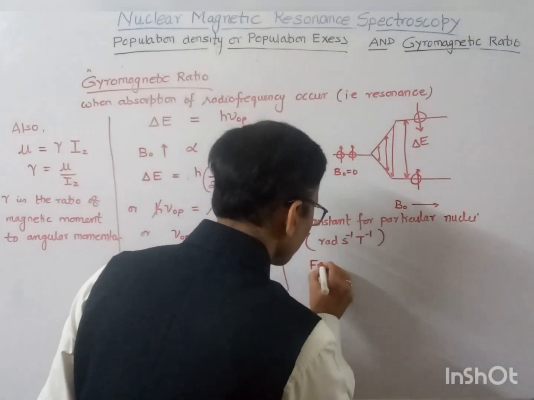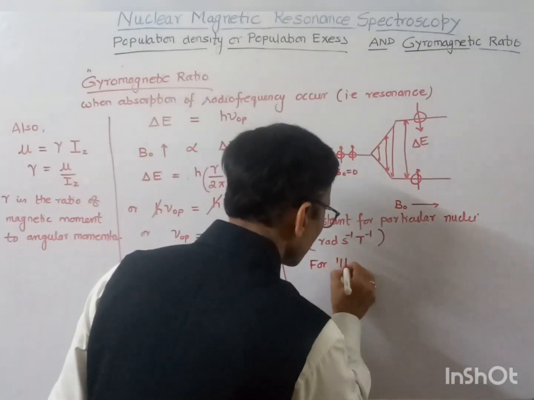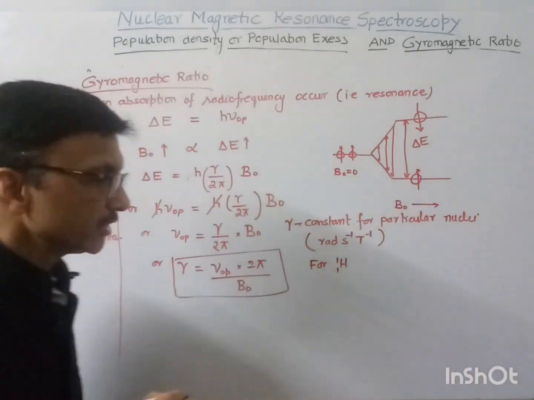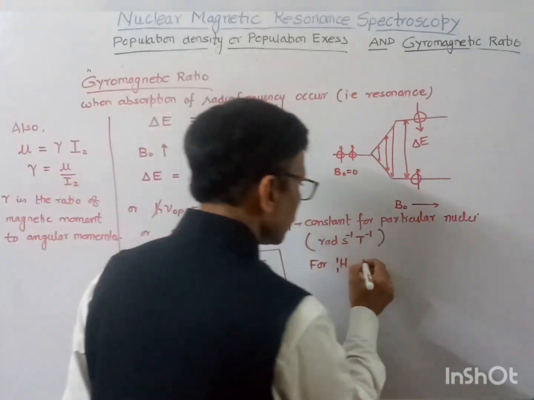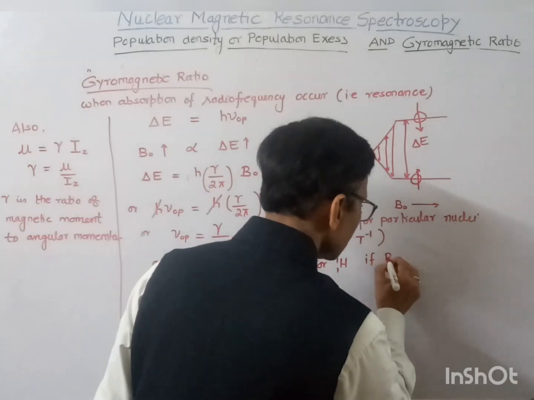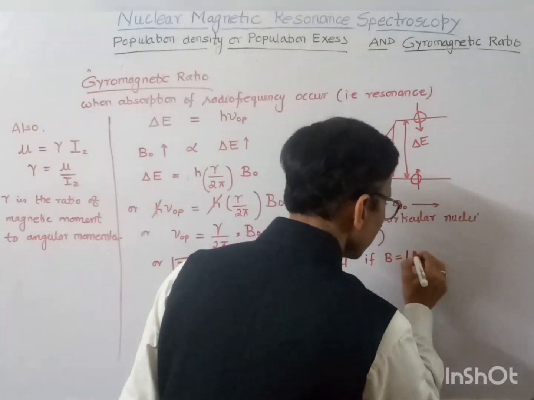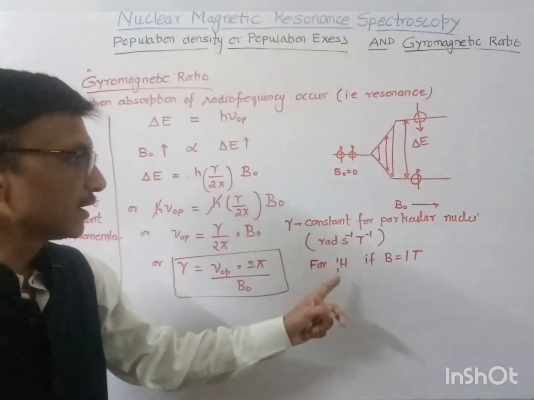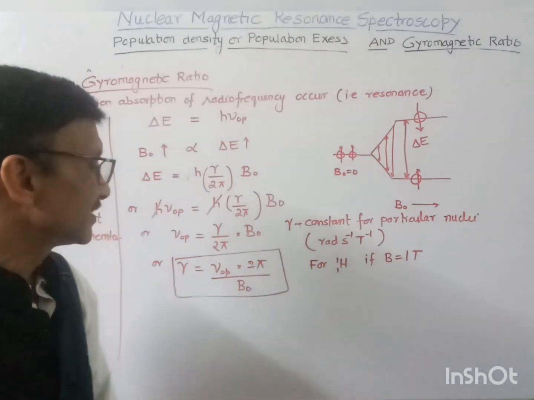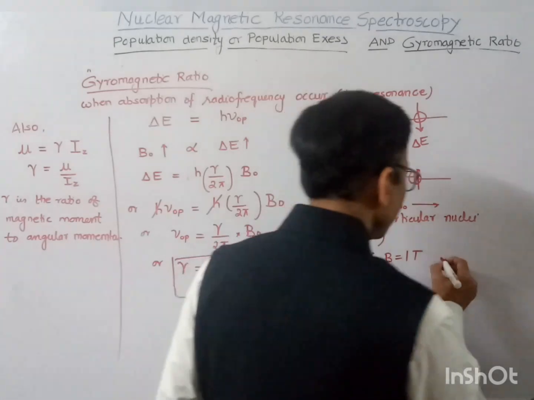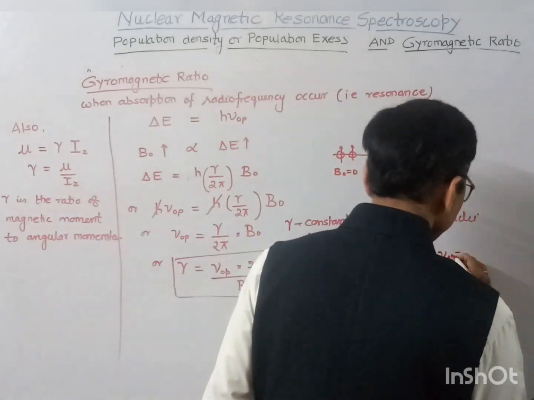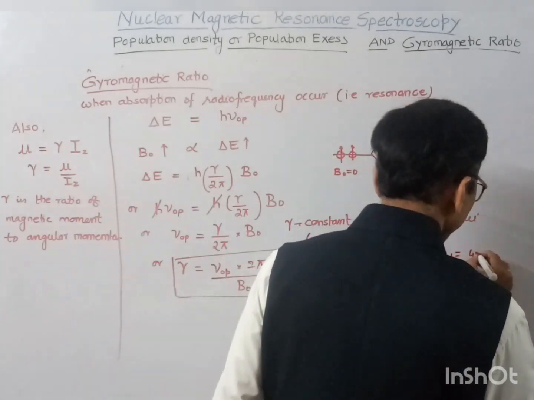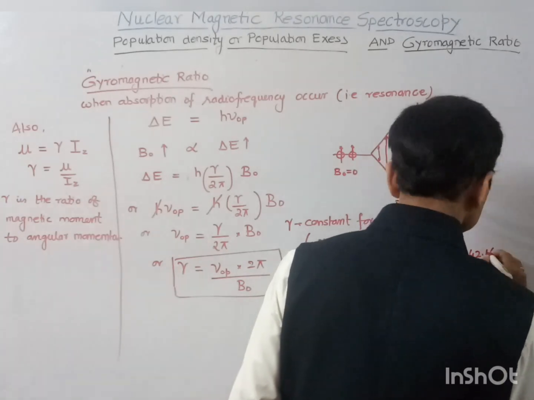For proton, B is 1 Tesla and nu operating where the resonance occurs is 42.16.